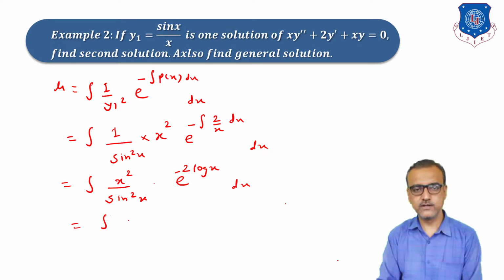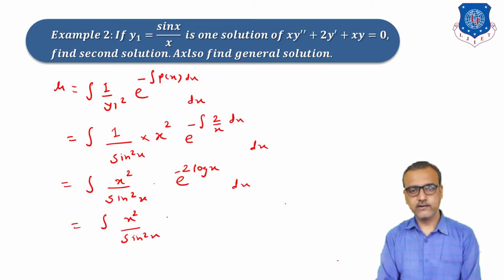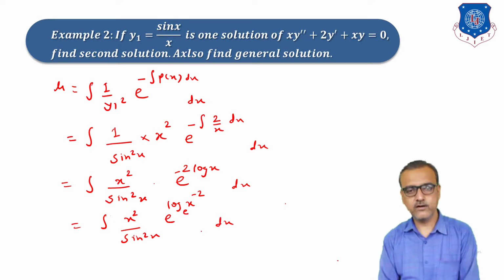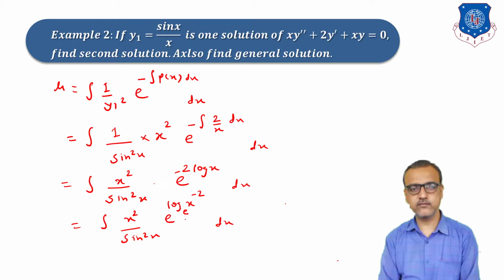This is equals to integration x square over sin square x. Now we will write e raised to minus 2 log x as e raised to log x raised to minus 2, and the base is e. Now we will apply the formula a raised to log y to base a, that is nothing but y.